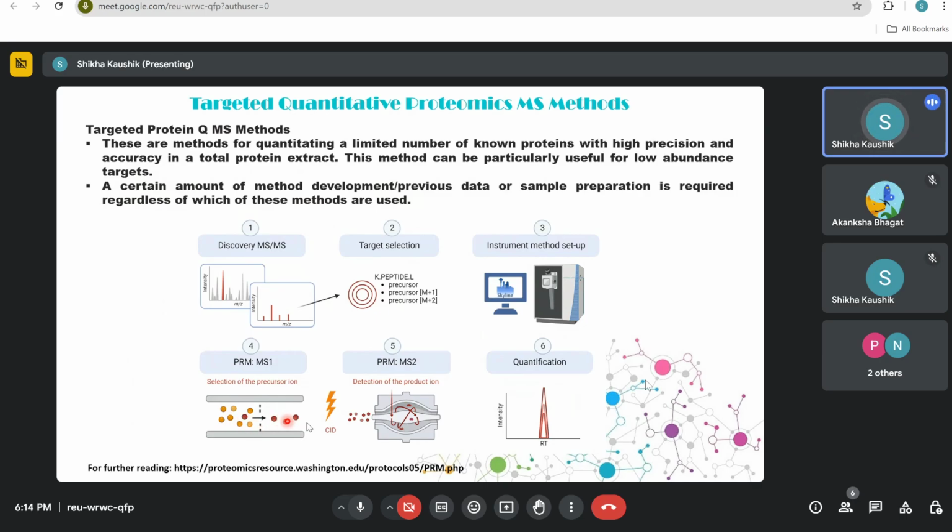They are getting further fragmentation because this red one is selected and it is undergoing the fragmentation process for the second MS. And once it's sent to MS2, the detail of this particular protein will be resolved on your spectra. We'll talk about parallel and selective later, but in case of targeted quantification, you have the prior knowledge of what all you need to study.